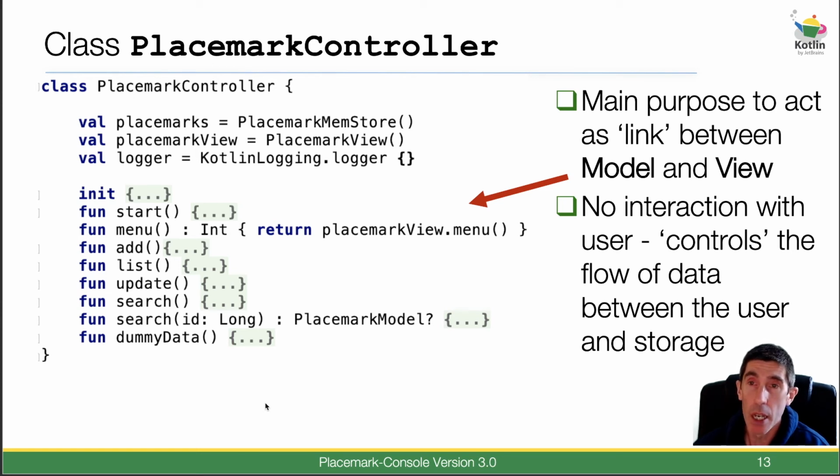That's one of the main principles behind the MVC pattern. The M, the model, is just your data. The V, the view, is the interaction with the user, the screen, displaying menus, prompting for information, displaying information. And then the controller, in our case placemark controller, the C of MVC, sits in the middle and controls that flow of data between the model and the view.